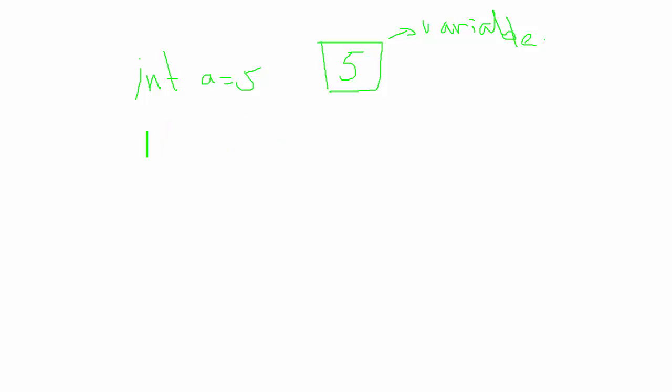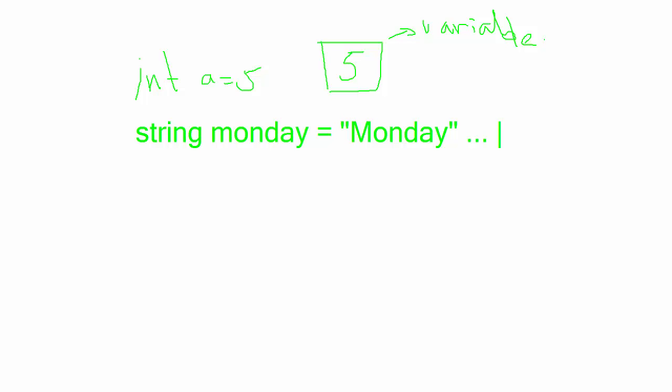just typing string monday equals "Monday", and after that string tuesday equals "Tuesday", and so on. It's not going to be very nice. For that we have an array, which is a collection of elements which are of the same type and they share similar characteristics.